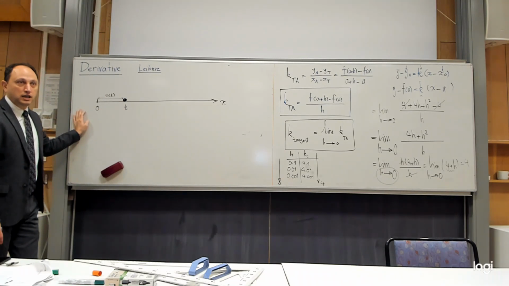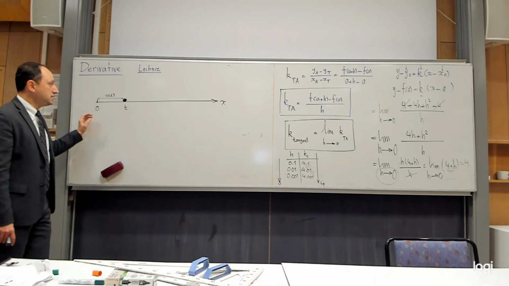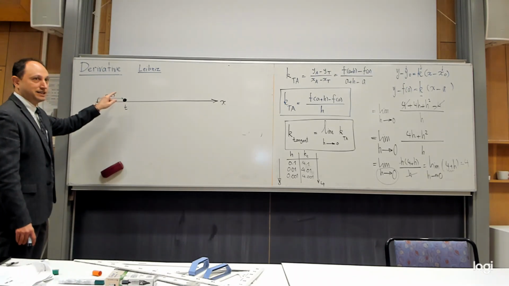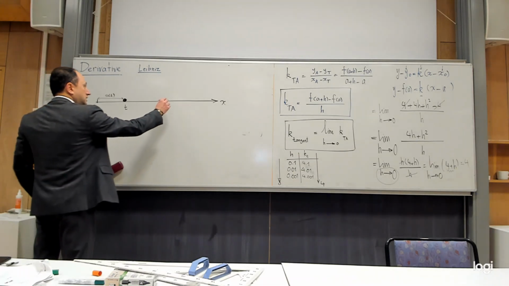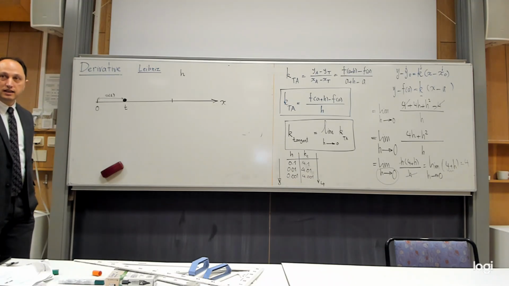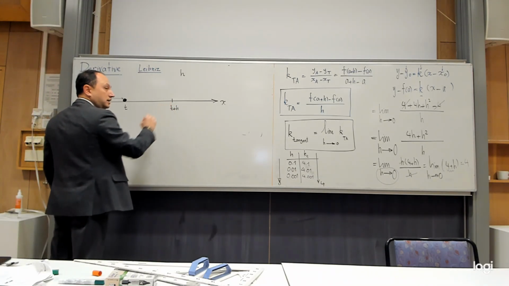Okay? He didn't know how to do it, but he was able to do the average speed. So he said to himself, even though I don't know the exact value for the speed at this moment, if I wait h seconds, the time will be what? t plus h.